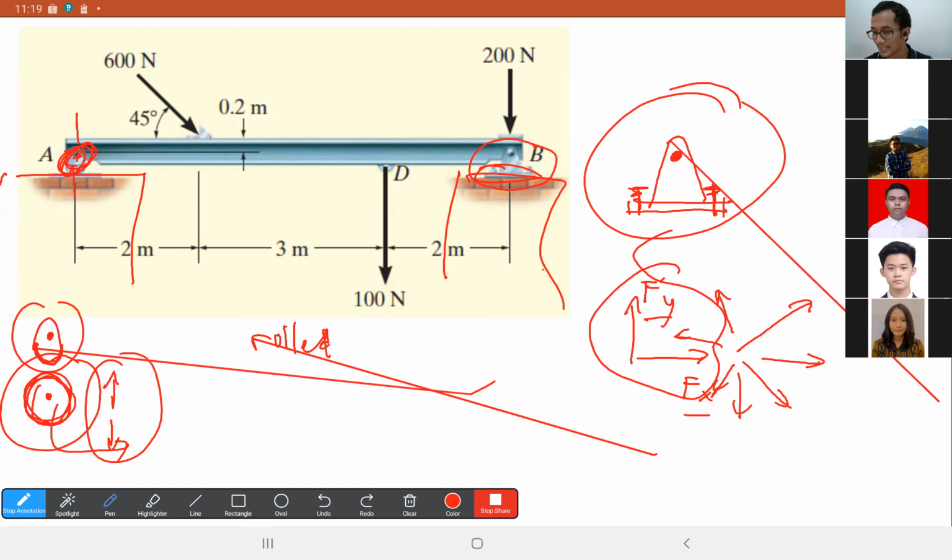But we can replace this pin joint with forces like this because it can withstand both horizontally and vertically. Okay, do you get it now? I get it. Good.